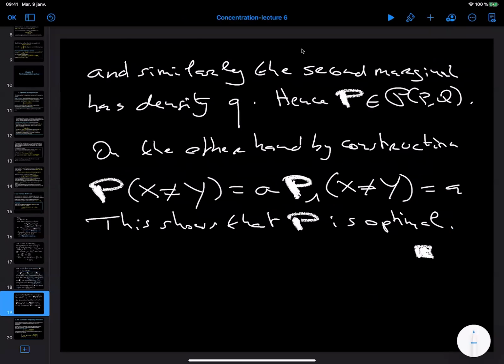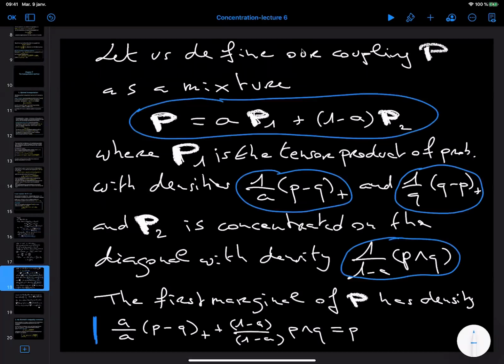P1 of X different from Y is equal to 1, yes? Look at P1. P1 is the tensor product of two densities here. What does it mean, tensor products?